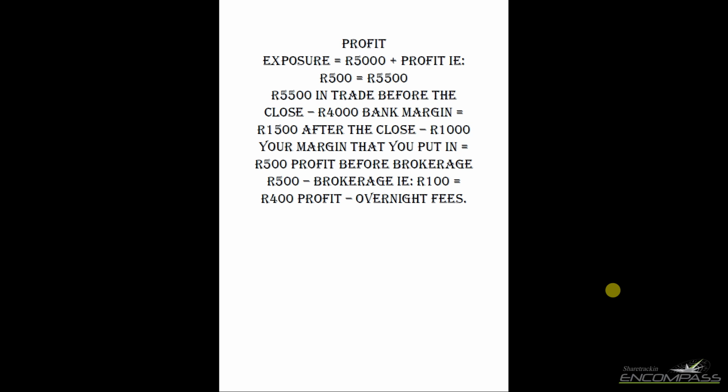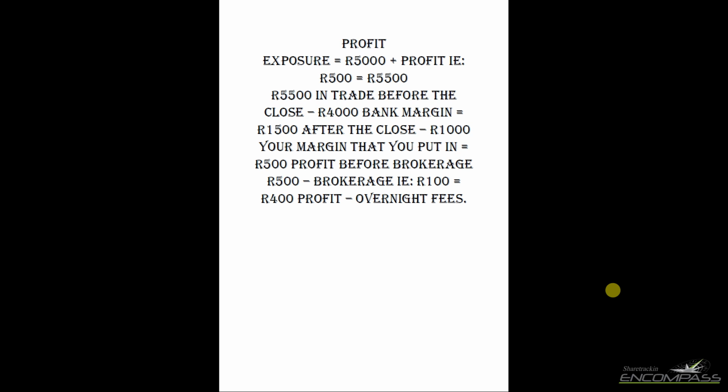So that 5,500 in trade before the close, minus the R4,000 bank margin, so that amount that the bank was covering, you would be minusing that from the amount that you have left. So you would have 1,500 Rand total after the close. Minus the 1,000 Rand that you put in means that you made a 500 Rand profit total.